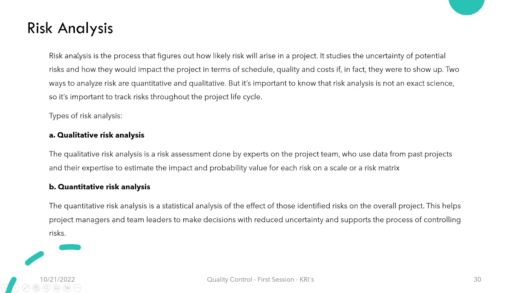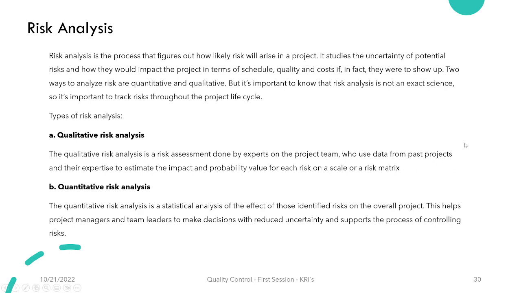Type of risk analysis: as we said before, we have qualitative risk analysis. The qualitative risk analysis is a risk assessment done by experts on the project team who use data from past projects and their expertise to estimate the impact and probability value of each risk on a scale or a risk matrix. When we defined the qualitative risk analysis, we said use data from past projects.